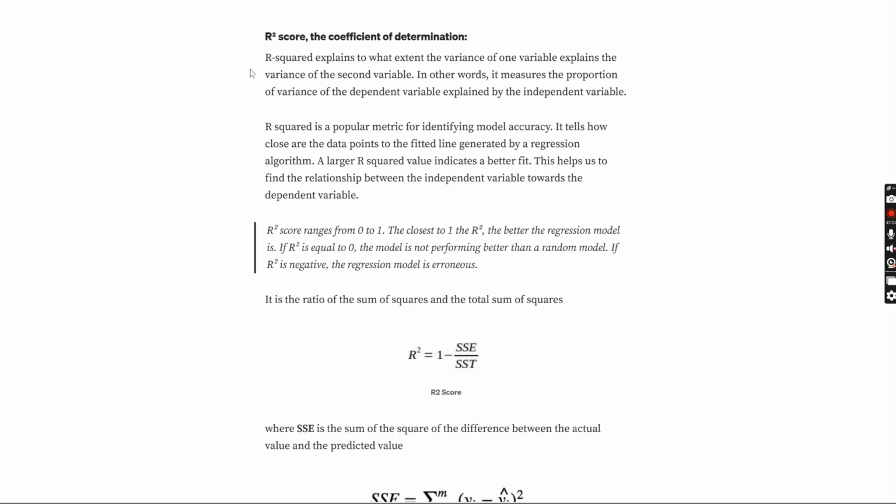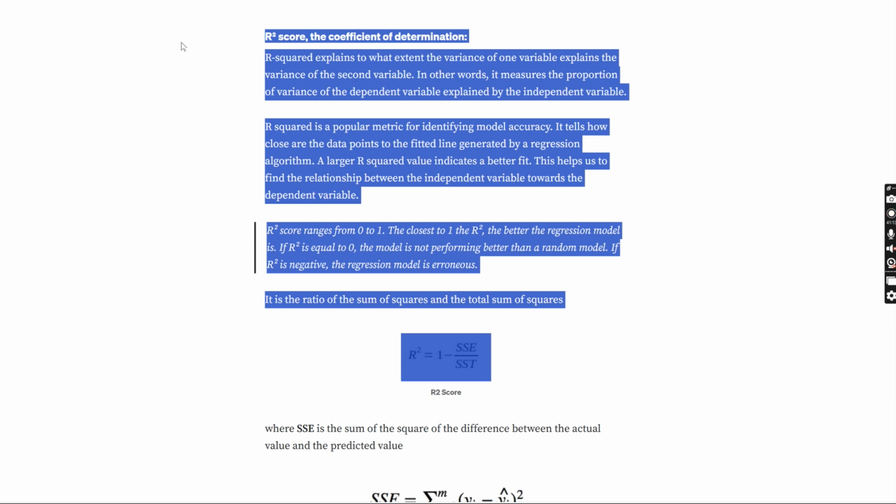So different features, how much of those features are relevant for my model explainability is what R squared is talking about. Is this clear? You have to understand this to understand the next one.